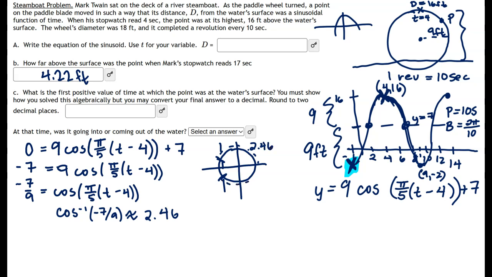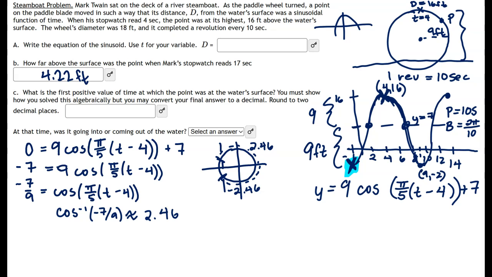And then again for the bottom one, I've got lots of cosines in this set. We could do a -2.46 or a 2 pi minus 2.46. That's probably going to be a good choice for getting a positive answer for this time thing.